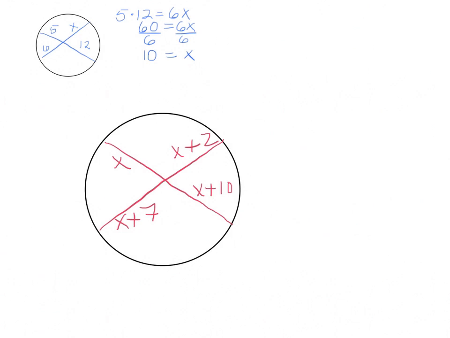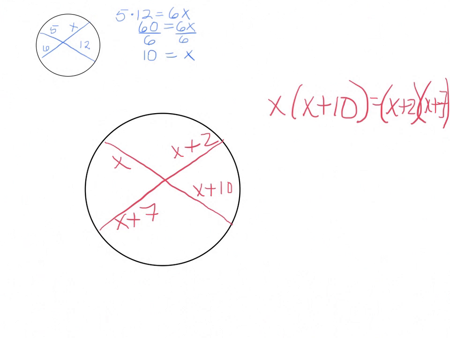And so here's our second example. As you notice, we have two chords right here. The chords intersect, and so what we can say is that the product of these two pieces is equal to the product of these two pieces. And therefore, we can write x times (x plus 10) is equal to (x plus 2) times (x plus 7).